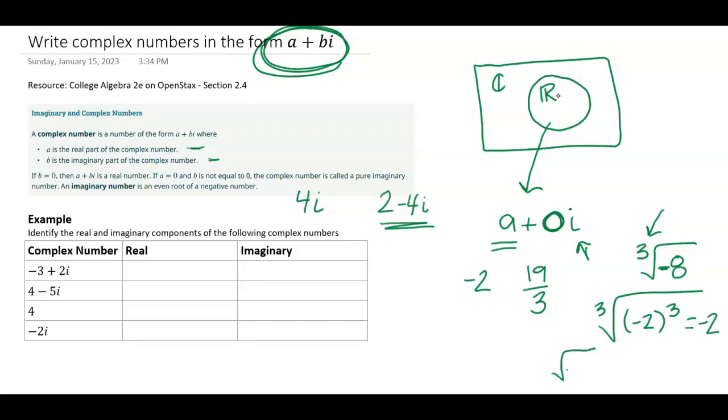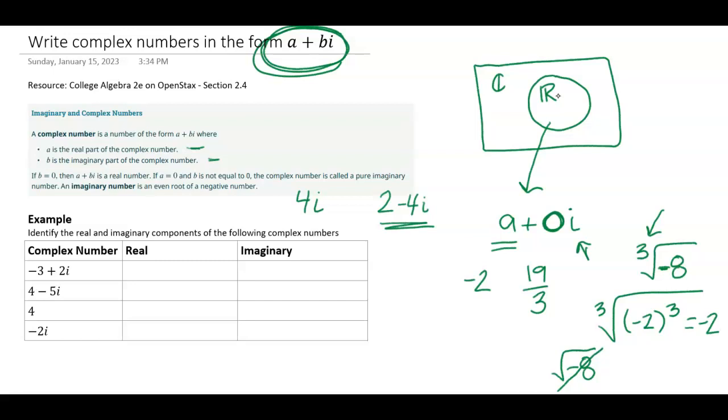However, up until you've learned about imaginary numbers, we would have said the square root of -8 could not be done. Well, that's because the square root of -8 is a pure imaginary number, and you haven't maybe learned about those yet. So let's look and make sure that we can write these complex numbers and identify their pieces.